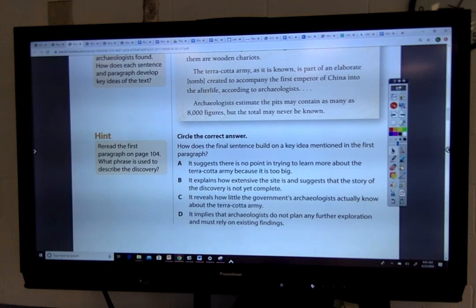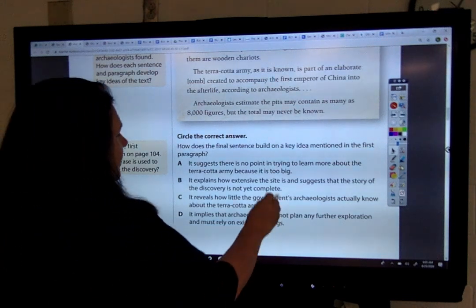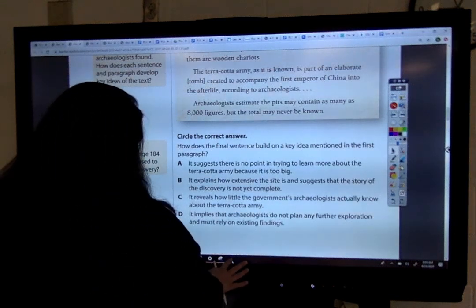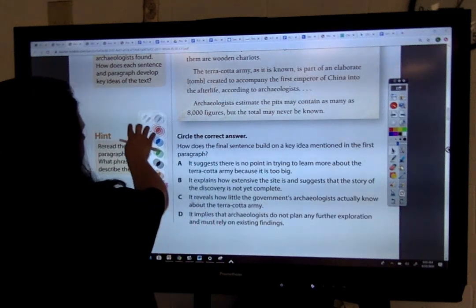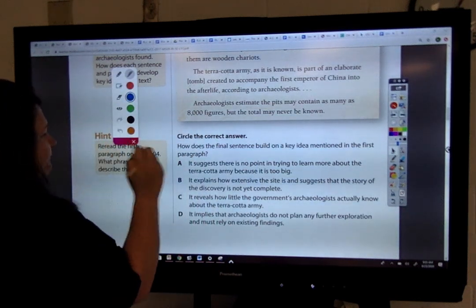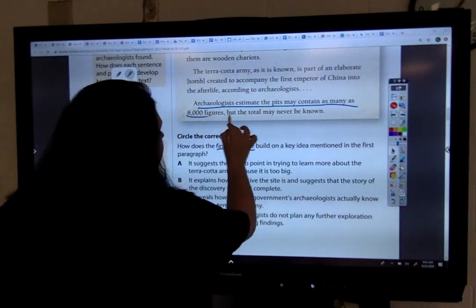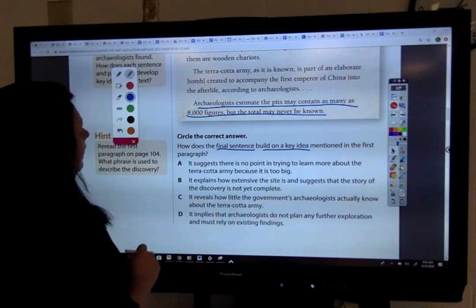Okay, so let's look at the sentence here. It says, how does the final sentence build on a key idea mentioned in the first paragraph? All right, final sentence. Build on the key idea mentioned in the first paragraph.